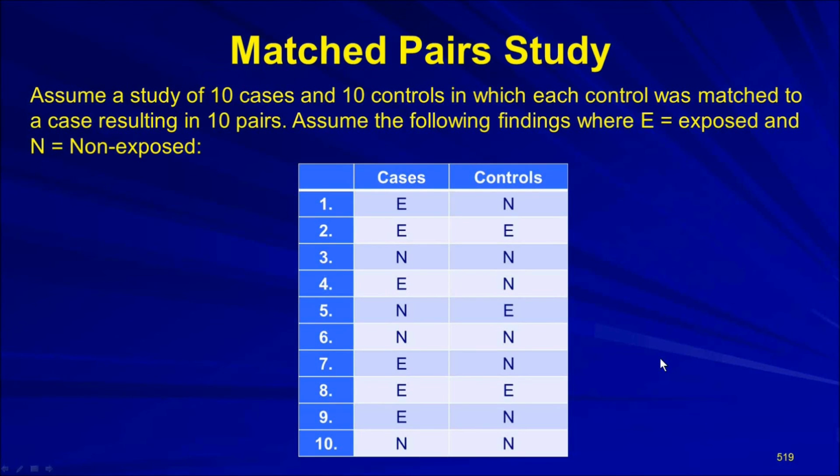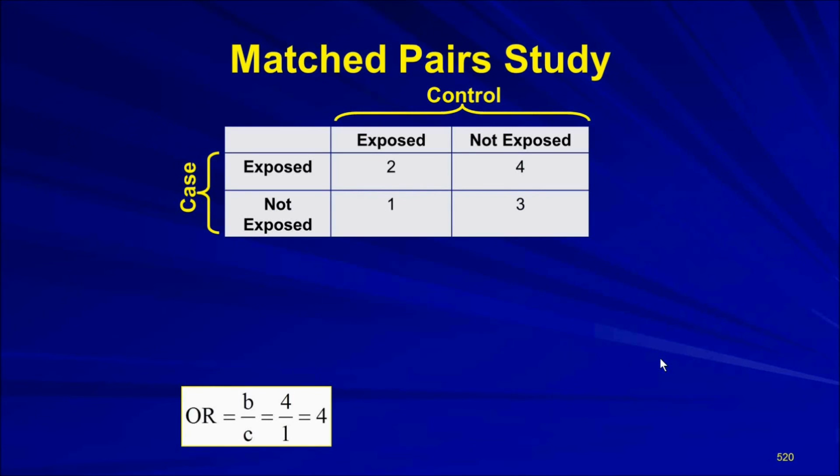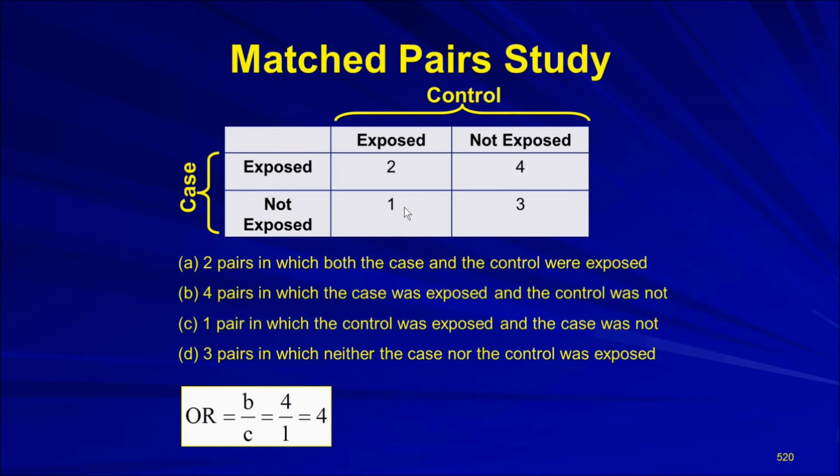So for our calculations, what we would do is fill out our cells. I didn't even bother to count the other ones because we're not interested in the concordant pairs. We're just interested in the discordant pairs. And this happens to give us an odds ratio of 4.0.